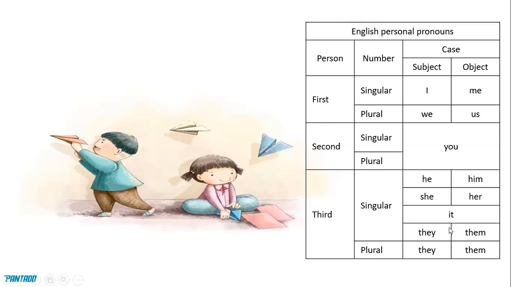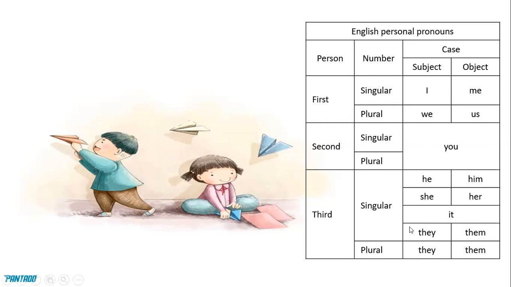So they are the subject in the singular pronoun for the third person, and him, her, and it is the object in the singular pronoun for the third person. And for the plural pronouns, we have they as the subject and them as the object. All right, so do you understand this table?